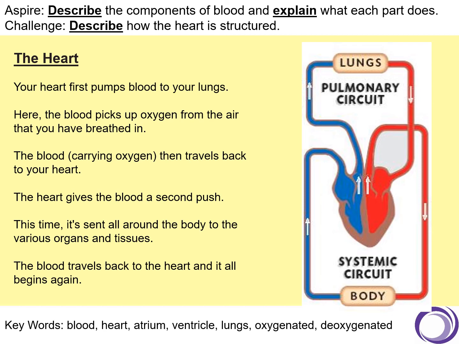And this now is the red side. The heart then gives the blood a second push, and this time it pushes the blood all the way around the body to all your various organs and tissues. The blood then travels back to the heart, and then the whole system starts again.